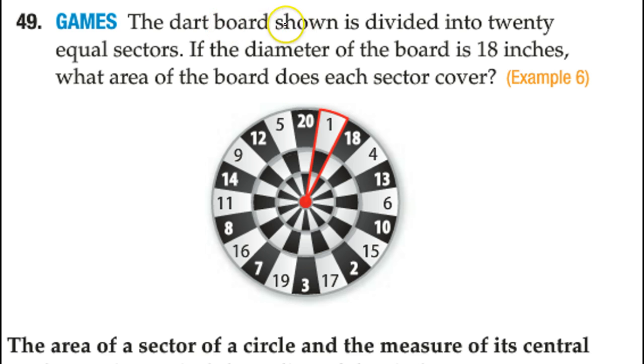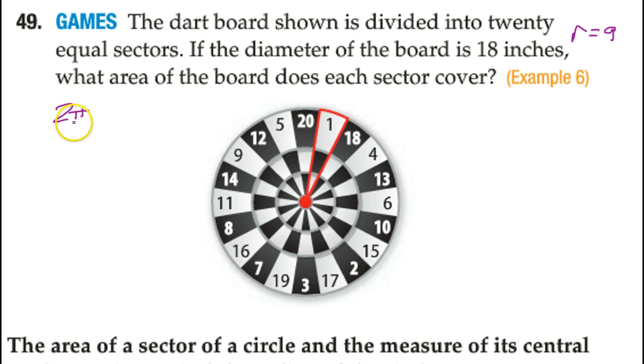The dartboard shown is divided into 20 equal sectors, as shown. If the diameter of the board is 18, which means the radius is 9, what area of the board does each sector cover? Well, the entire circle has an angle measure of 2 pi radians.